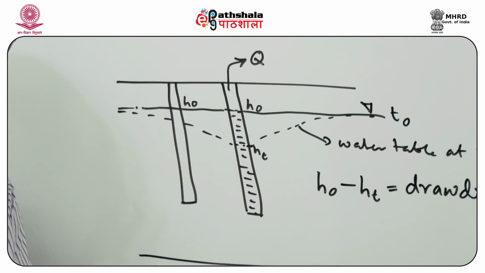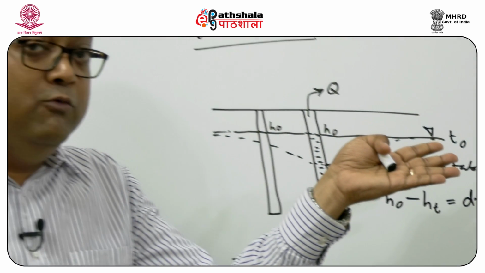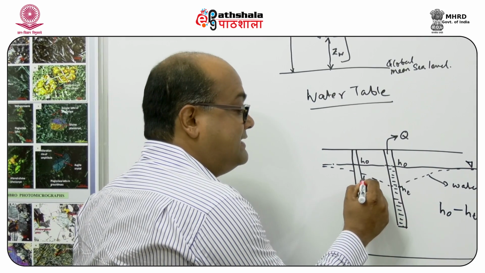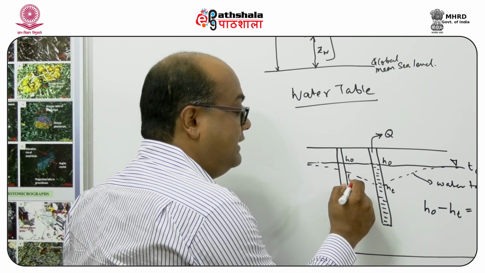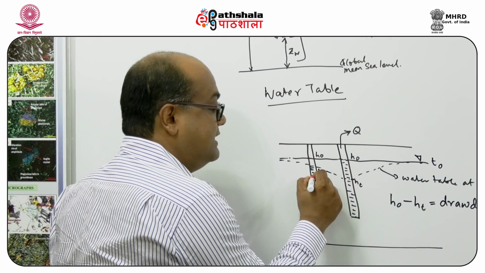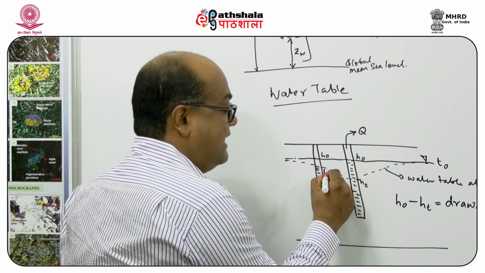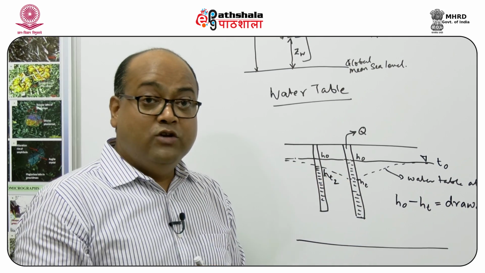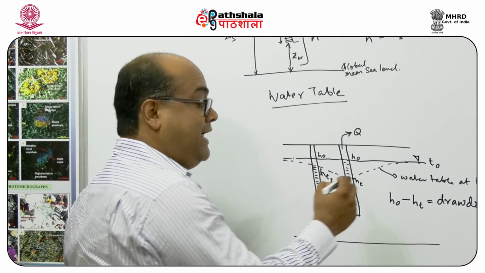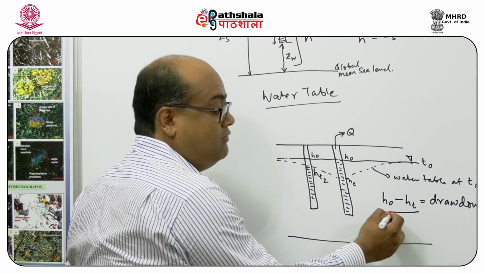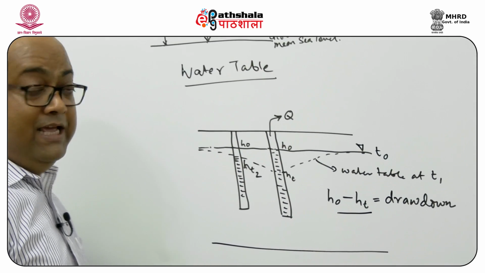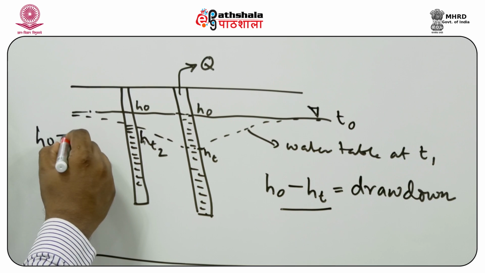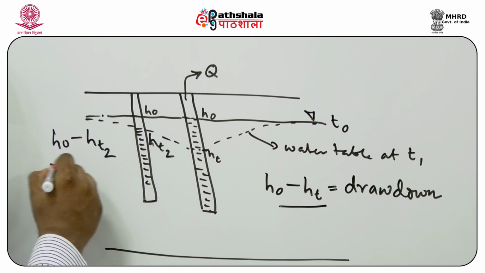Because the depression fades away as you move away from the pumping well, let us call the water level at this point HT2. So what is the drawdown in the pumping well? The drawdown is H0 minus HT. And what is the drawdown in this observation well? This is H0 minus HT2.